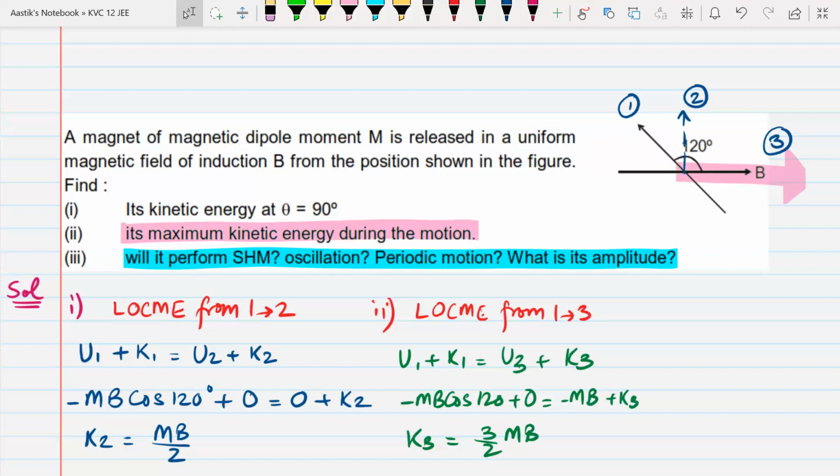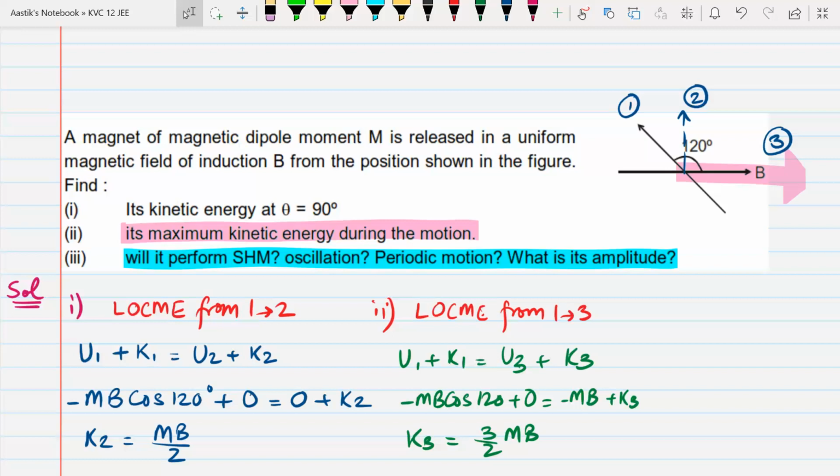Repeats at regular intervals, sir. A periodic motion is a motion that repeats at regular intervals. Correct. What is an oscillatory motion? To and fro motion about a fixed point. To and fro motion. Well done.